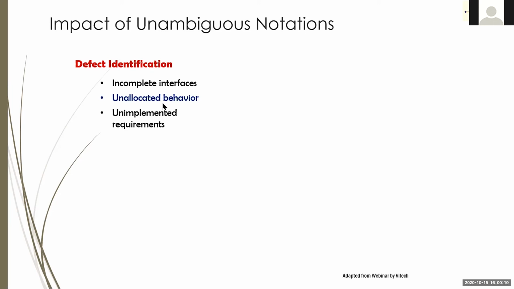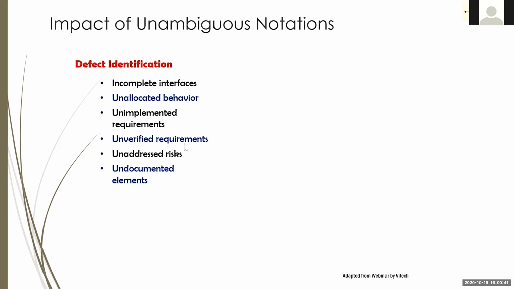So for example, Yvonne in the morning was showing us a traceability matrix where she had functionality and some systems or components, and she was able to identify that some of those components didn't have any requirement. So that's one way to easily identify that some behavior has not been allocated, okay?